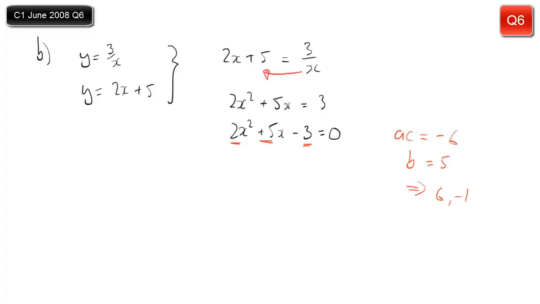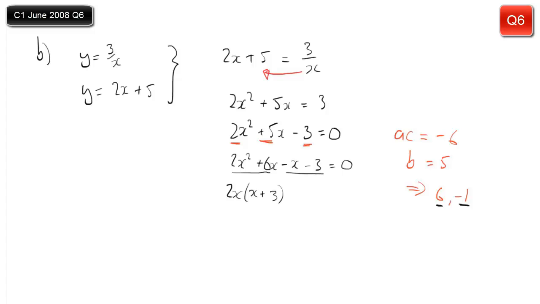So then I rewrite the quadratic, 2x squared, replacing the 5x term with plus 6x minus x. So that's using the 6 and the minus 1 from here, and then I've got my minus 3, that equals 0. And then I factorize each part separately. So here, the first part, 2x squared plus 6x, I can take 2x out of both of those. So that's 2x times x plus 3.